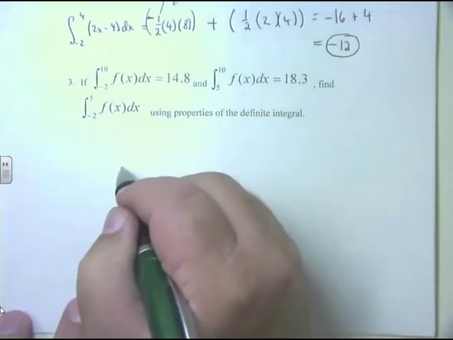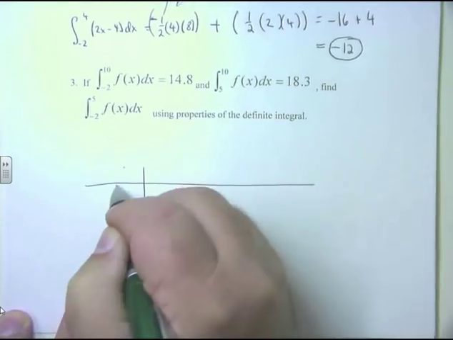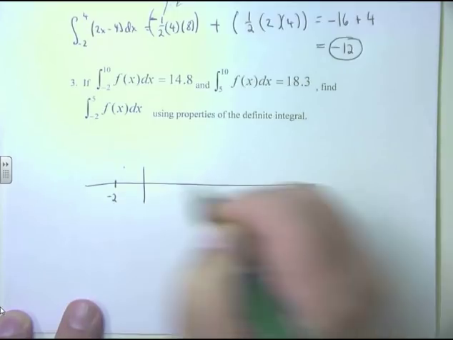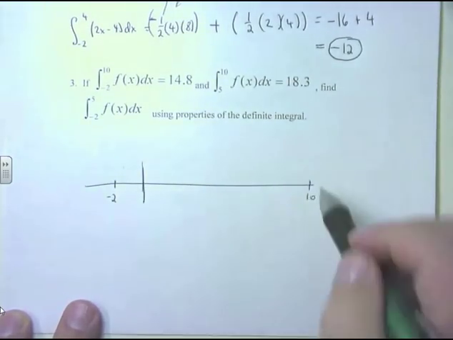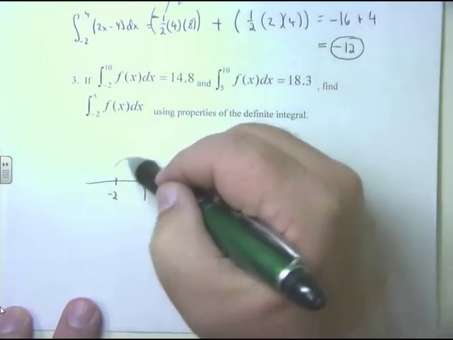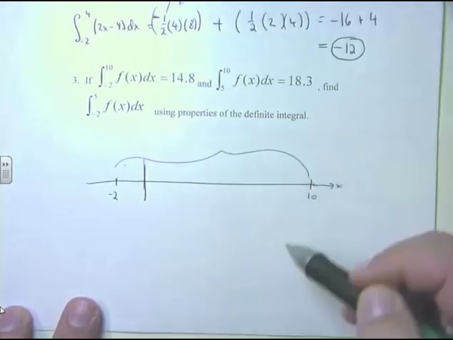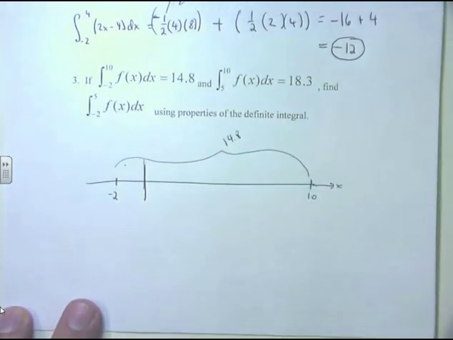All right, so you start looking at this guy. Between negative 2 and 10. Between these two marks, all I'm doing is focusing on the x-axis here. Between these two marks, the total area there is 14.8 square units.